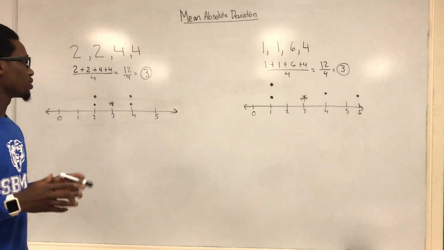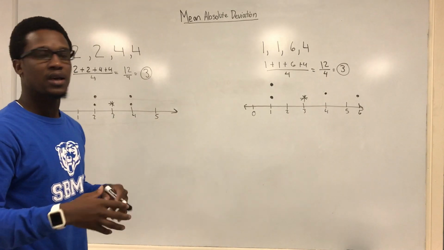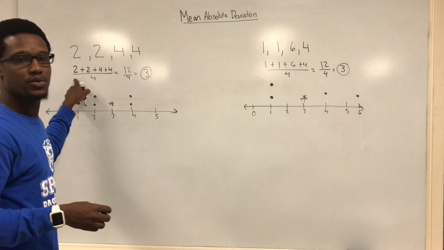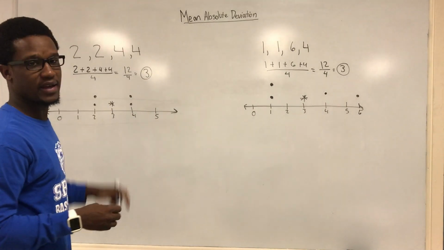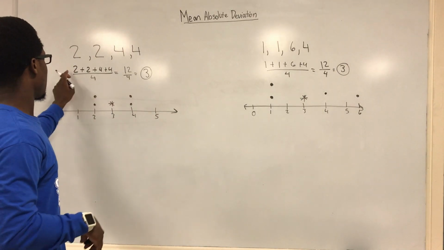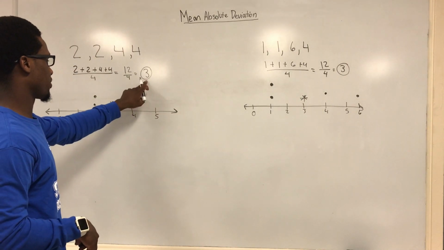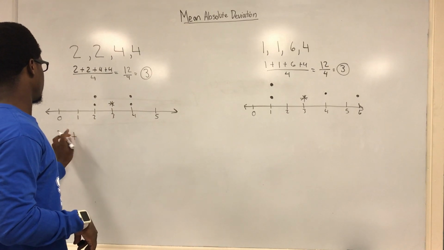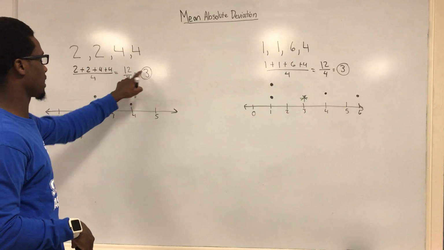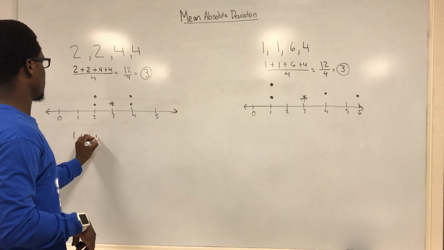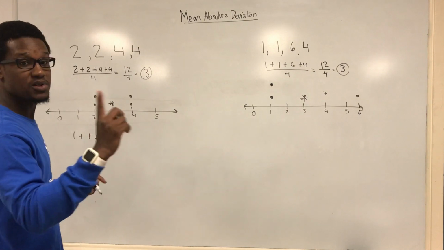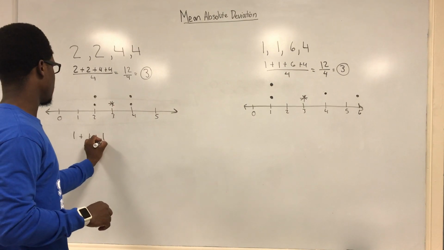The next thing I'm going to do is I'm going to take the mean and figure out what is the absolute value and the difference of that absolute value, okay? So here is how we do this. How much does it take to get from 2 to 3? It takes 1. It takes 1. How much does it take to get from 2 to 3 again? It takes 1. To get from 4 to 3, we're taking away 1, but the absolute value of that is still 1.